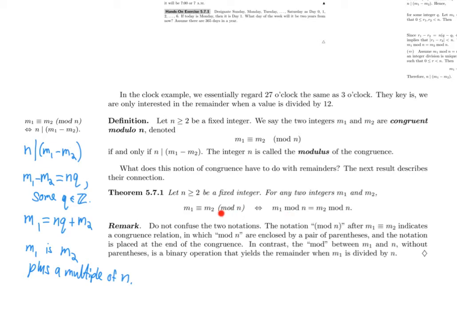This mod n over here, the new definition, it's a relationship rather than a function you plug stuff into. Okay, so we're going to keep working with trying to disentangle the meanings of mod depending on the context.